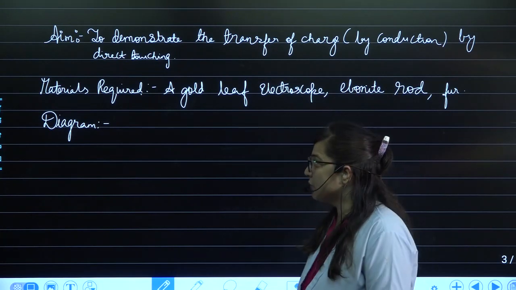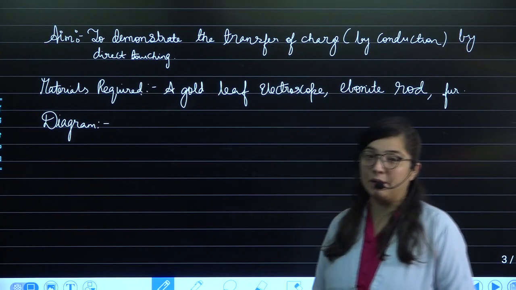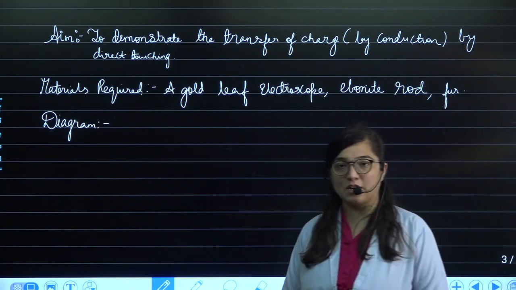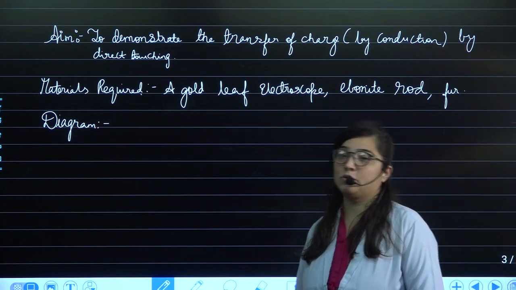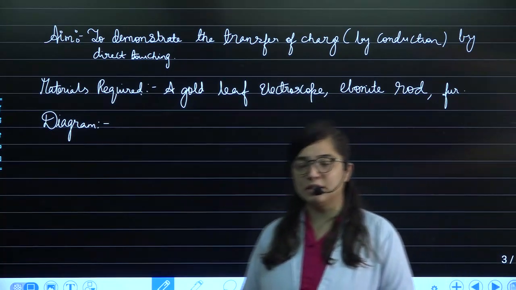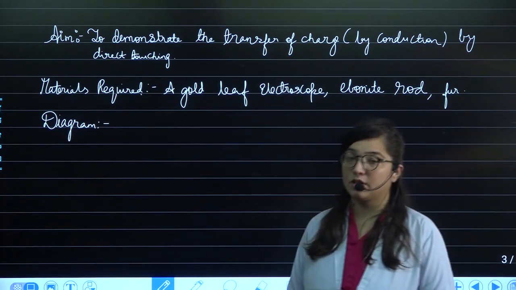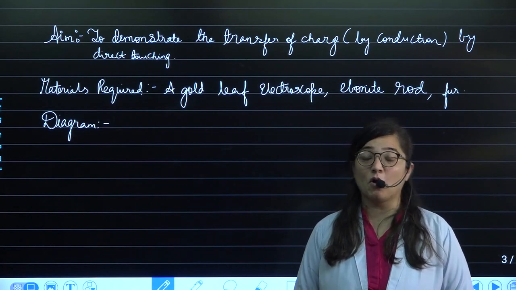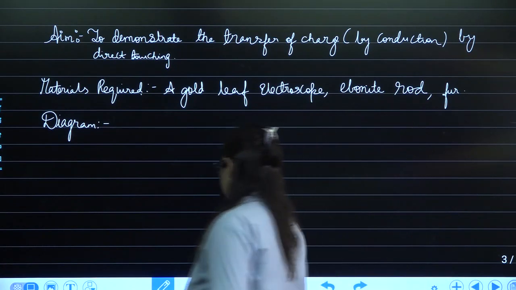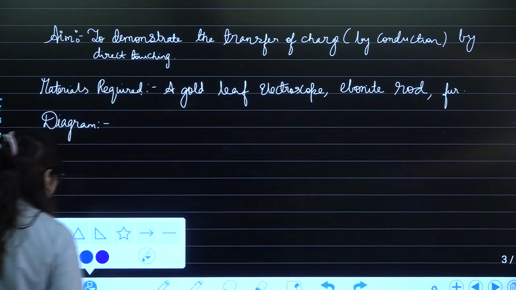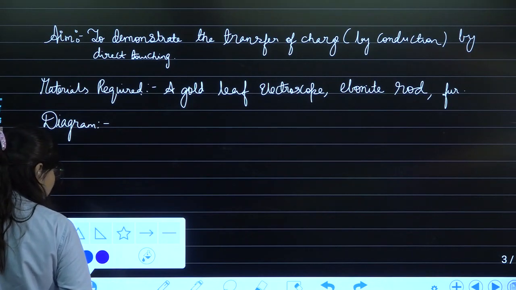So let us see how we can demonstrate the transfer of charge by using an electroscope. First, place the electroscope on your table.